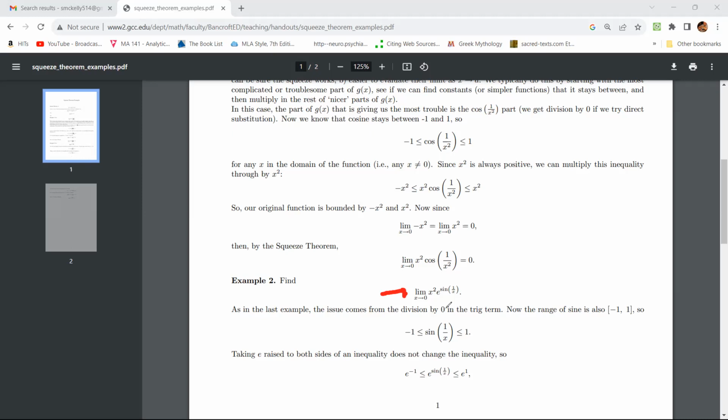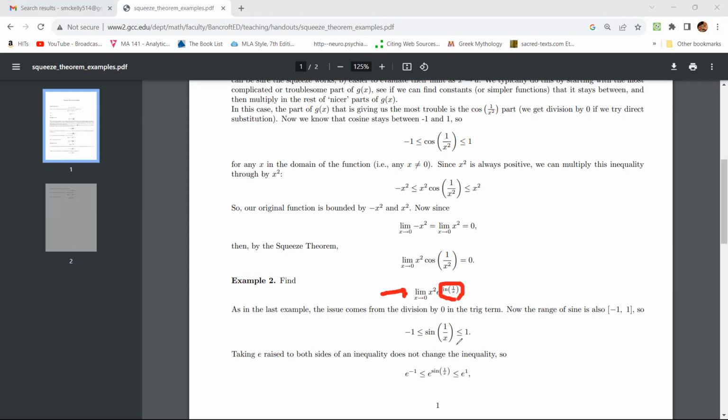This proof I'll leave for you, okay? But this is based on sine. So sine of x, or sine of 1 over x, or sine of anything you want, this portion here has to be between -1 and 1.